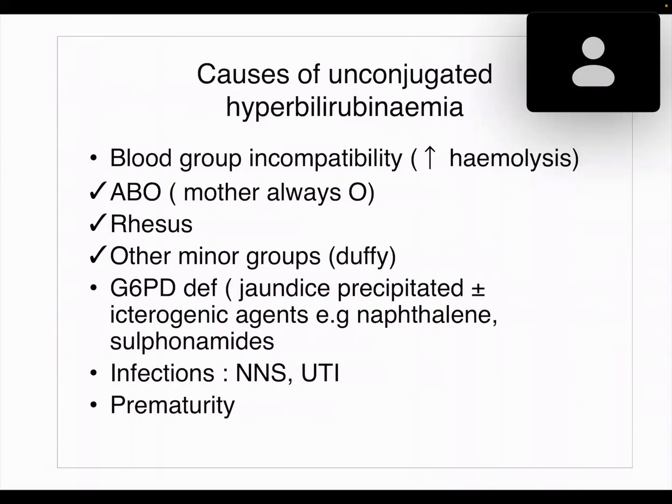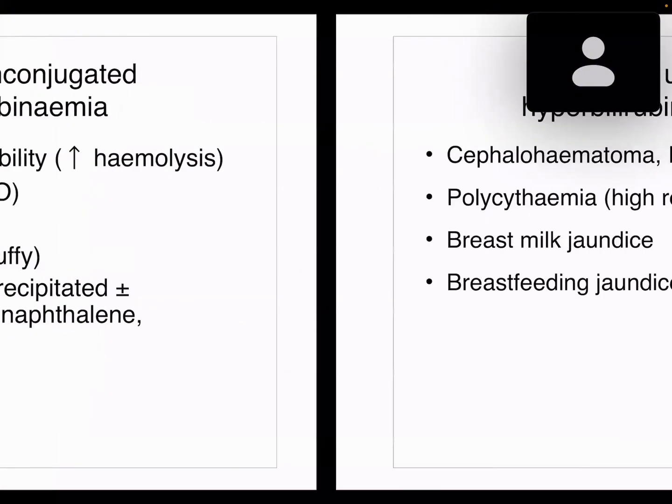Now for the pathologic jaundice, the causes comprise a majority of the unconjugated type of bilirubin. There are so many other things that can cause it, such as blood group incompatibility, ABO incompatibility, Rhesus incompatibility, G6PD deficiency, which is also an enzyme which helps in the breakdown of this red blood cell. Then infections such as neonatal sepsis, urinary tract infections, and prematurity.